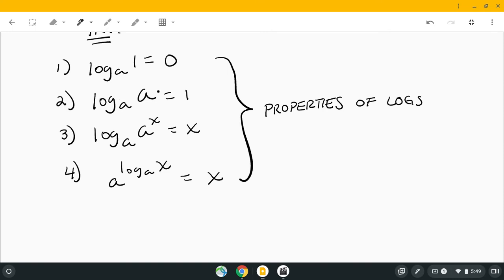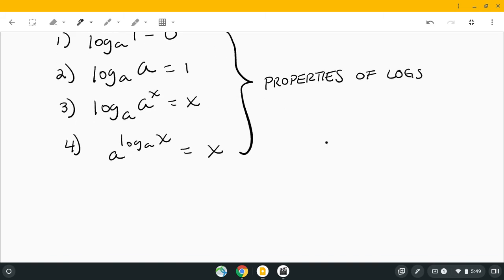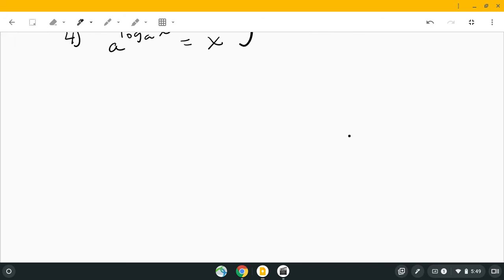Log base 7 of 7, 1. Log base 9 of 9, 1. Log base 15 of 15, 1. And then same thing here, you can see that this here has to match with that exponent. All right, let's go ahead and see if you can do these.